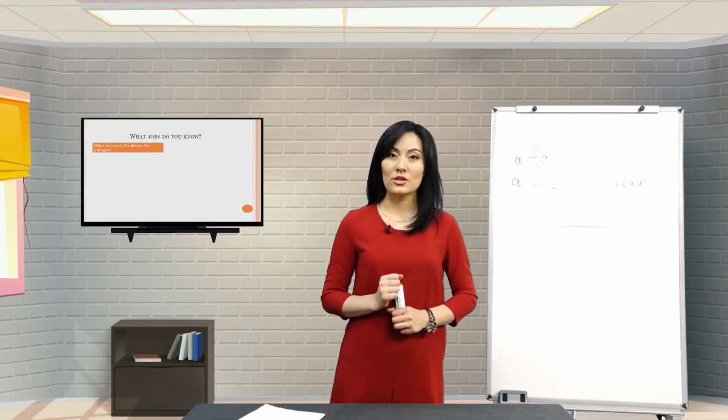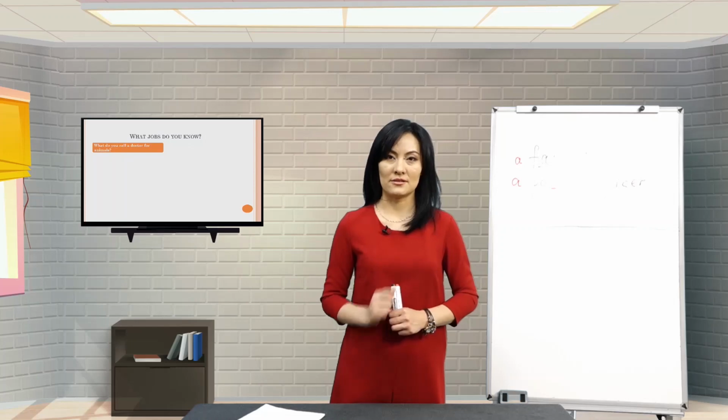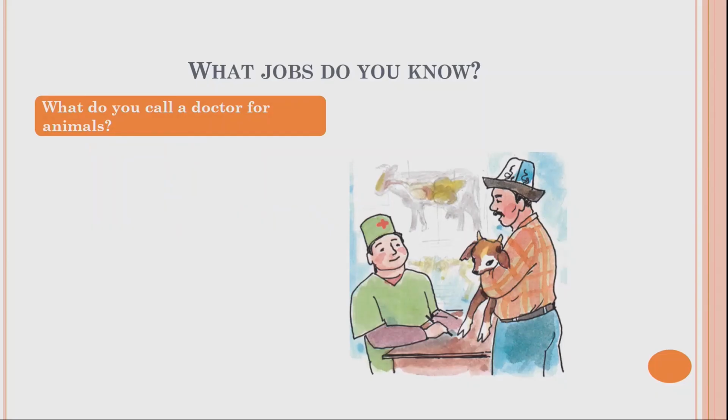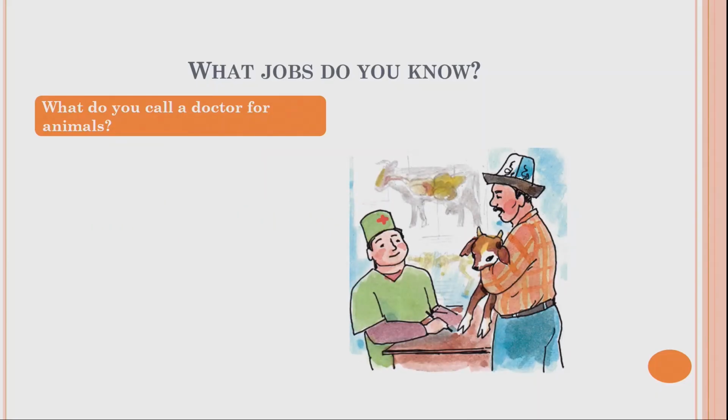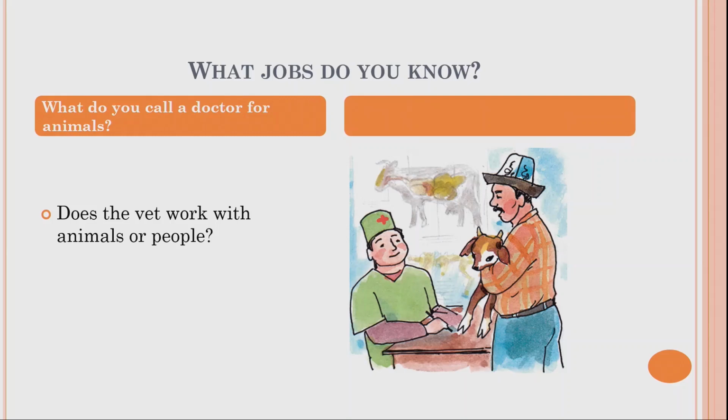Okay. What do you call a doctor for animals? Yes, it's a vet. Does the vet work with animals or people? Right, with animals. Let's write it together. V-E-T. Good job.